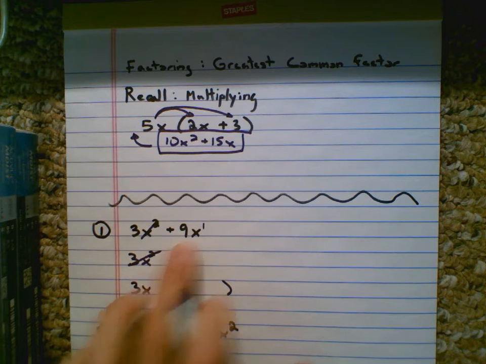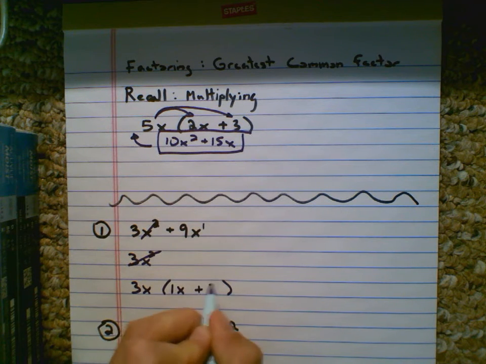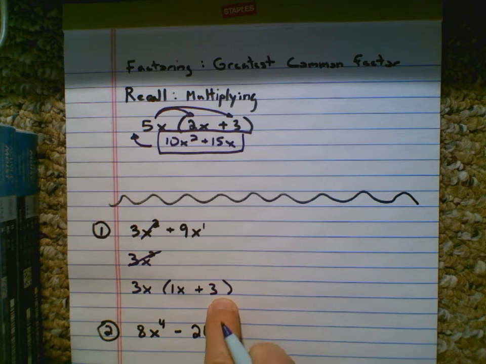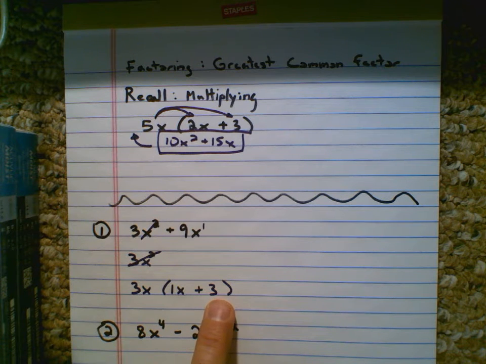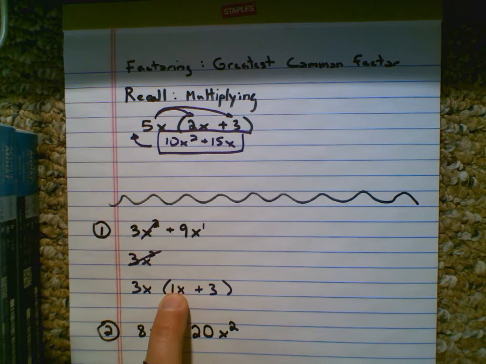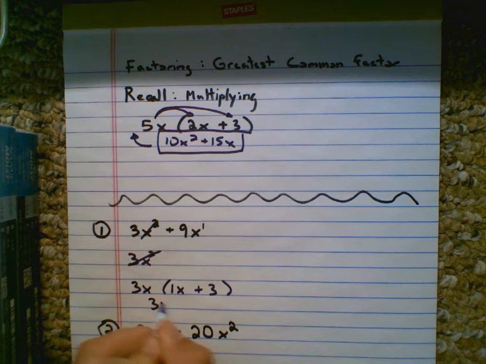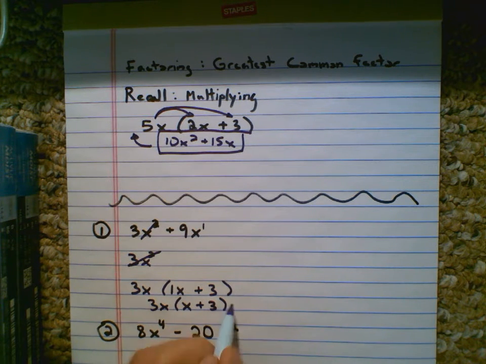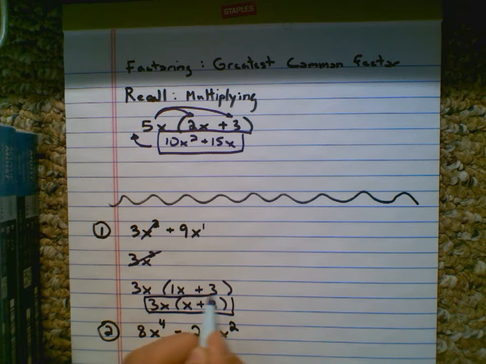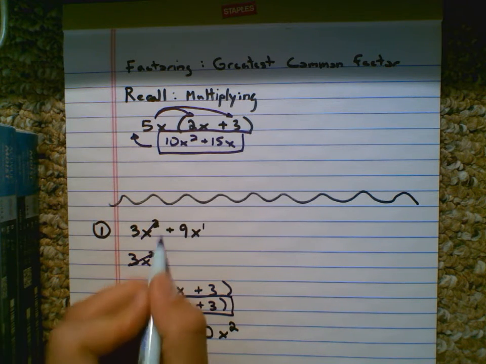Then if I take 9 divided by 3, I get 3. If I pull the x off, I'm left with no x's. Okay, so my answer is 3x times 1x plus 3. Now, normally in math, we don't write the 1 in front, so normally our answer would look like 3x times x plus 3. Okay, this would be the factored form of this binomial.